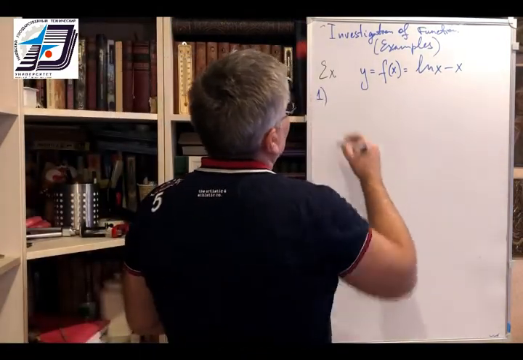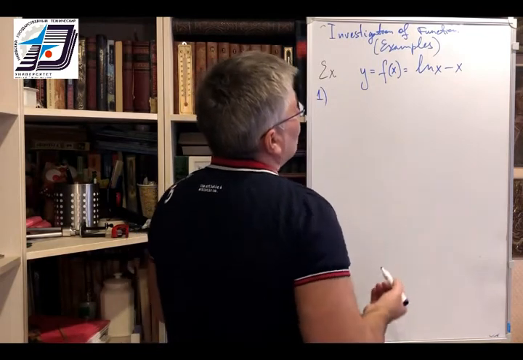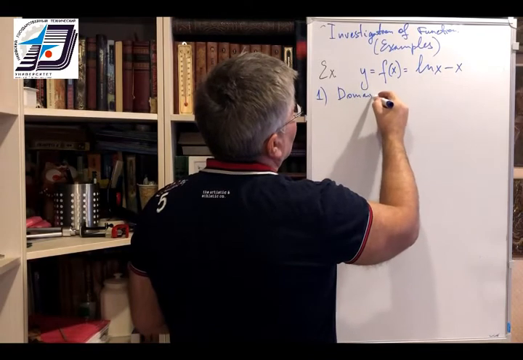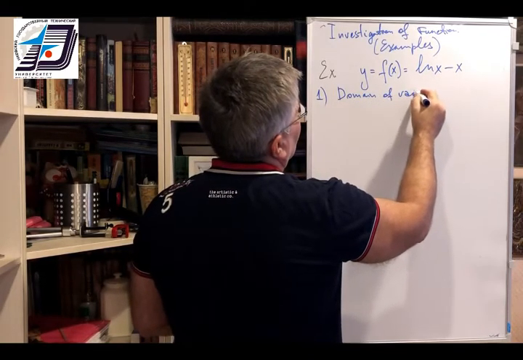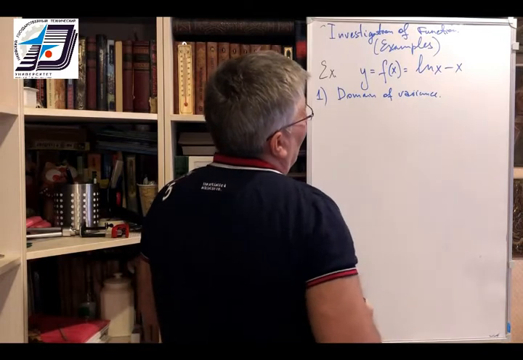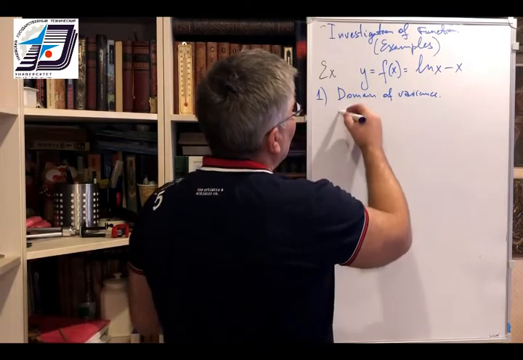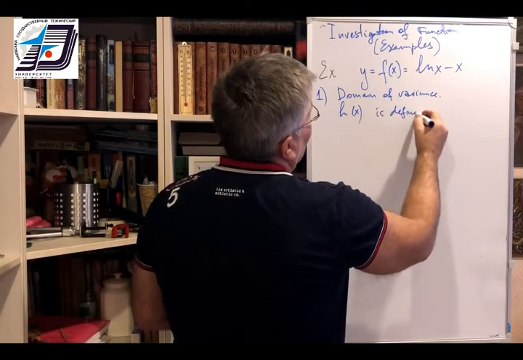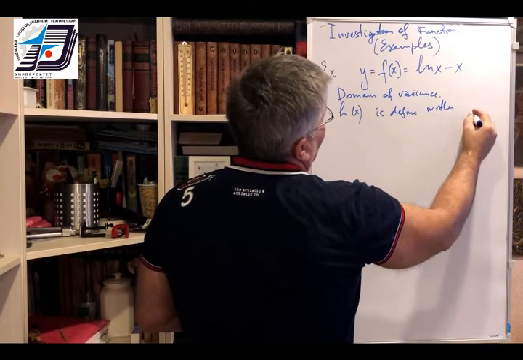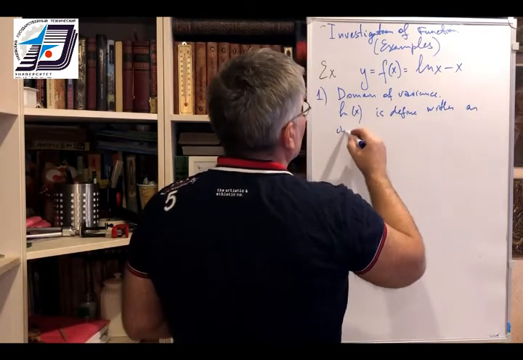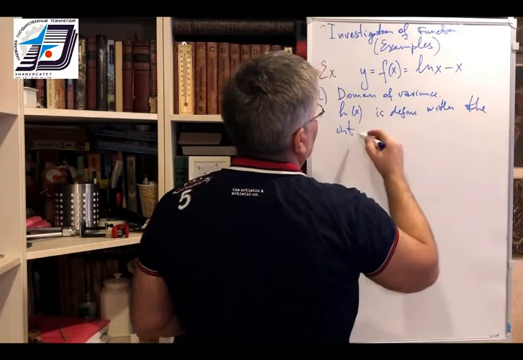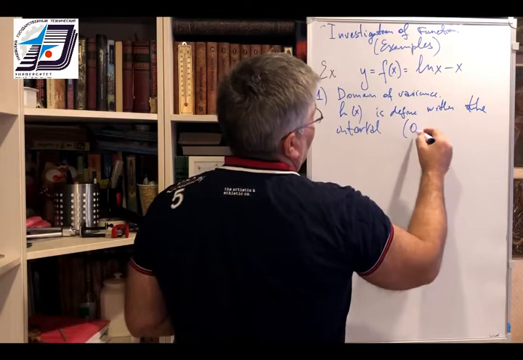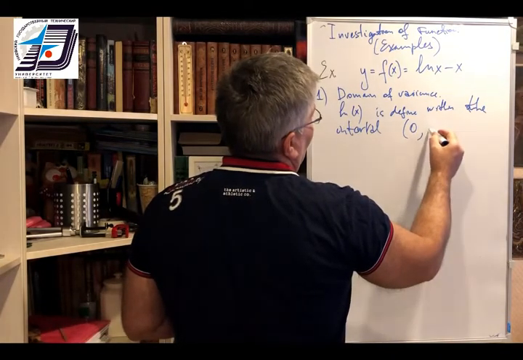The first step here, domain and range of functions. So, domain of variance. Here we have to know that ln of x is defined within the interval from 0 to plus infinity.